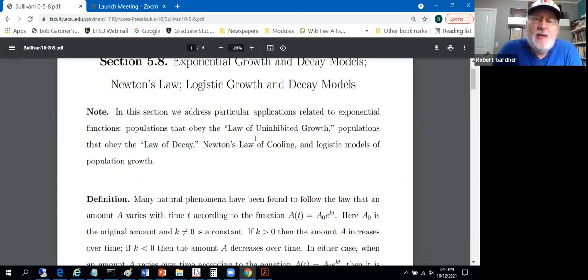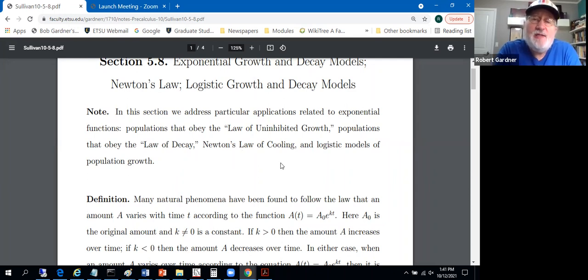Populations obey a law of uninhibited growth, which leads to exponential functions. Populations that obey the law of decay also follow an exponential function. Here we've got growth, here we've got decay, so that'll have some impact on the style of the exponential function.